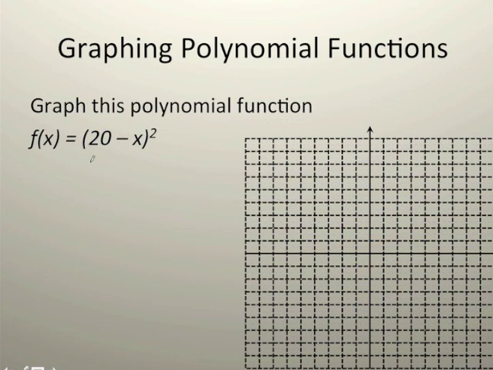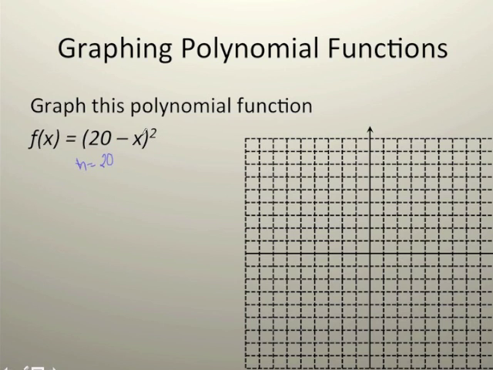Quadratic. And from this, 20 minus x and x minus 20 both give you the same quadratic equation. So my h here would be at 20. Okay.